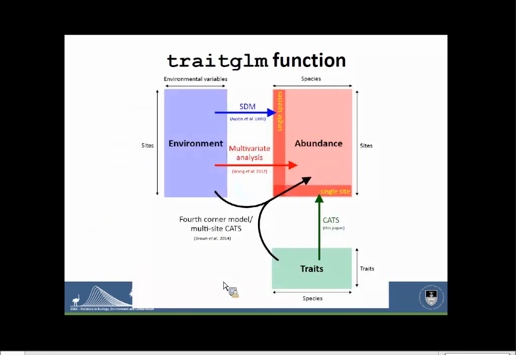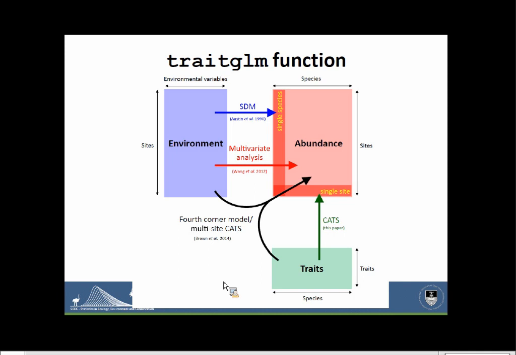And then they also have a function called the traitglm. So this is kind of their response to the whole idea of the fourth corner analysis, where you're trying to understand how the traits of your organisms are related to the environment.